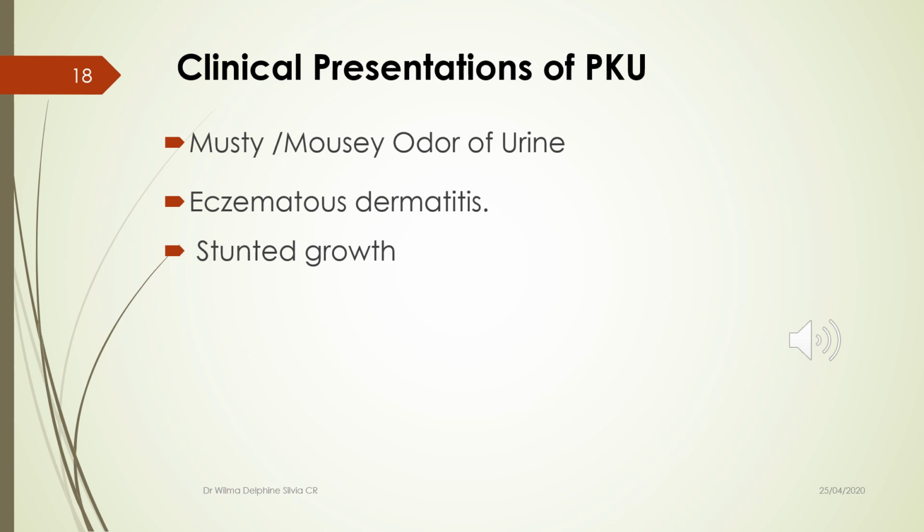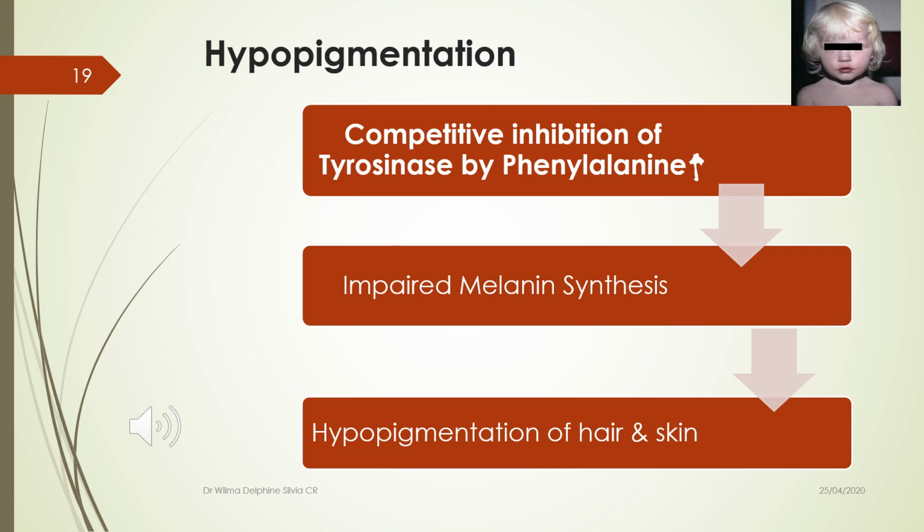These metabolites give urine, sweat and breath a characteristic musty or mousy odor. Also, we can find eczematous dermatitis and delay in development as well as stunted growth. Patients with untreated phenylketonuria may show hypopigmentation of hair and skin. The hydroxylation of tyrosine by the copper-containing enzyme tyrosinase is required for the first step in the formation of the pigment melanin.